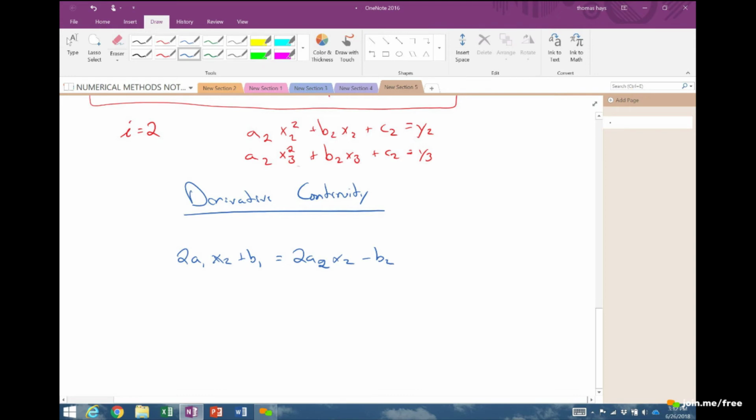The point x2 is shared between the right-hand side of the first gap equation and the left-hand side of the second gap equation. So this, after some manipulation, arrives at the form b1 minus 2 times x2 a2 minus b2 equals 0.